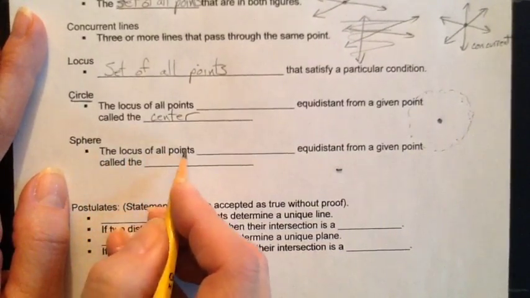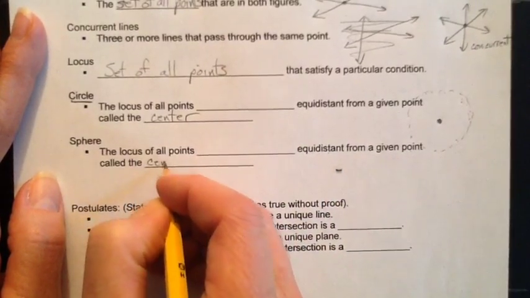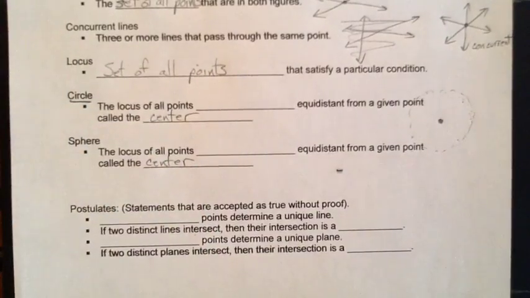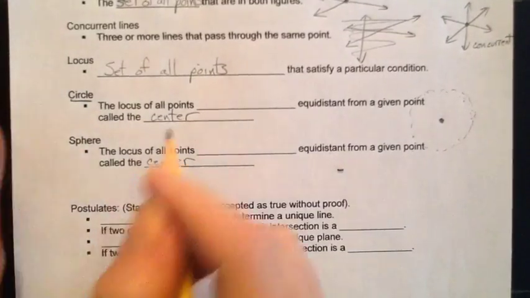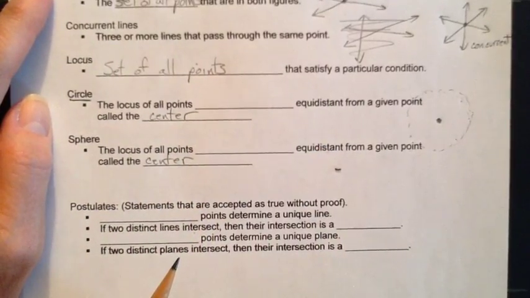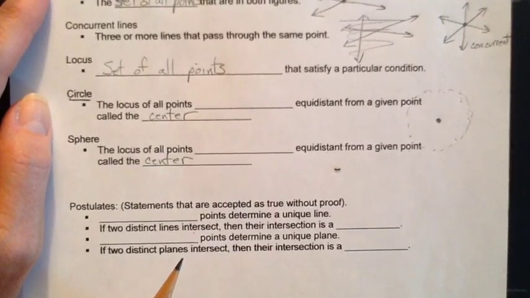Sphere, the locus of all points equidistant from a given point called the center. Well, now a sphere and a circle cannot have the same definition. So what is the difference? What do I want in my blank spot? Well, a circle is a plane figure, and a sphere is a figure that exists in space.